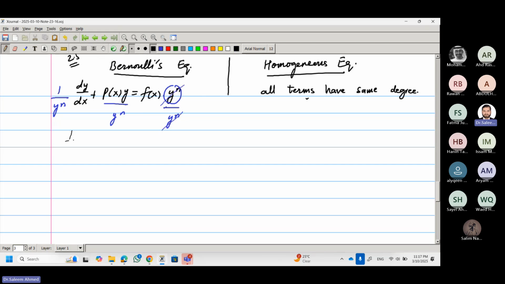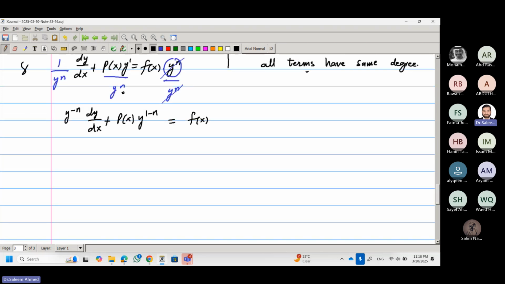You get 1 over y^n, or you can write this as y to the power minus n, dy by dx. Then plus p(x), and you see y has power 1 here and n here, so this will become y to the power 1 minus n. And on the right side, now you have only f(x).